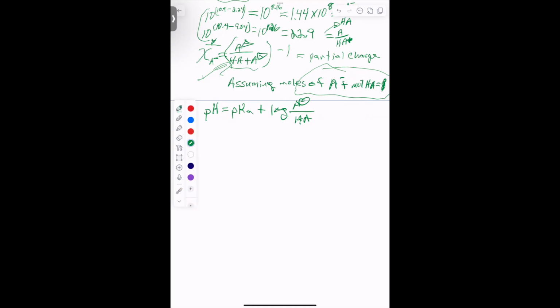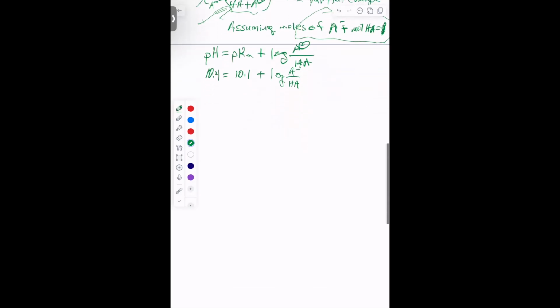Okay, so I'm going to put in my numbers: 10.4 equals 10.1 plus the log of A minus over HA. And usually we use concentrations, but since this is all happening in the same volume, the same container, this also applies to moles.